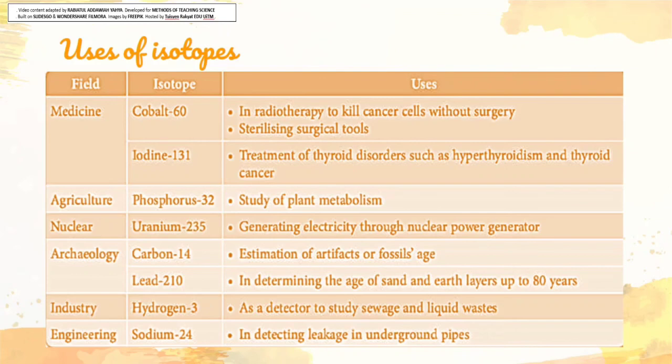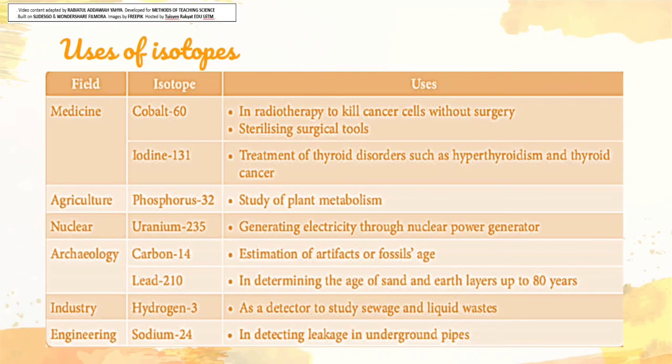And lead-210 is used in determining the age of sand and earth layers up to 80 years. In industry, hydrogen-3 is used as a detector to study sewage and liquid waste.